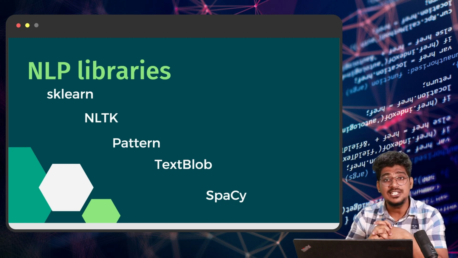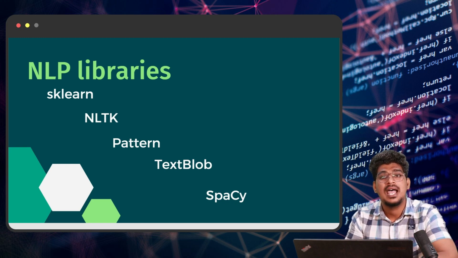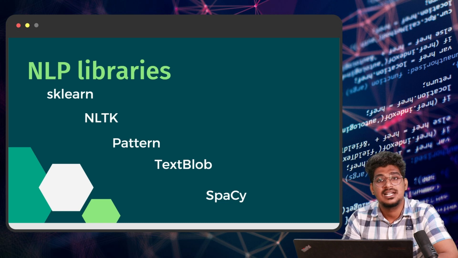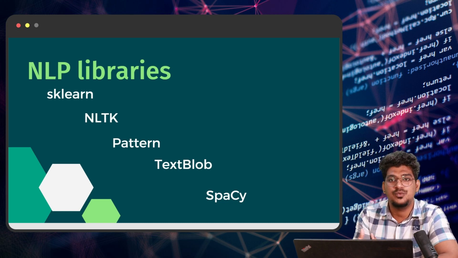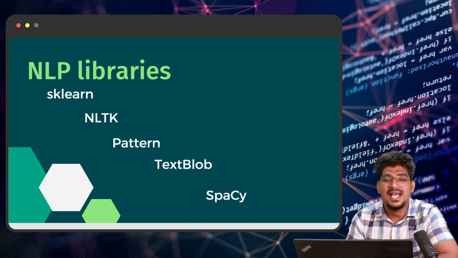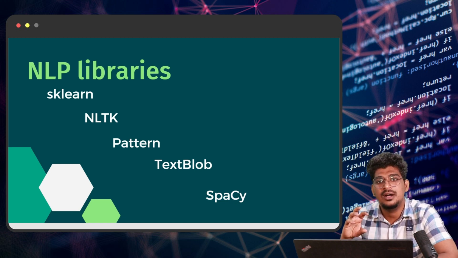Okay, and NLTK is a very important tool and very important package for the NLP process. Then Pattern, TextBlob, spaCy. These are all majorly helpful for NLP. For example, spaCy is very helpful for data processing and data extraction.